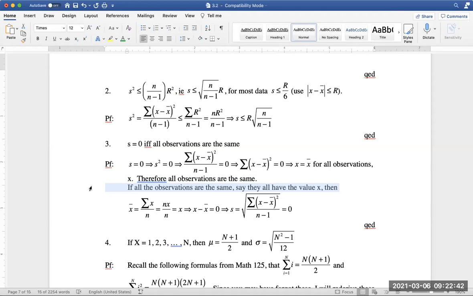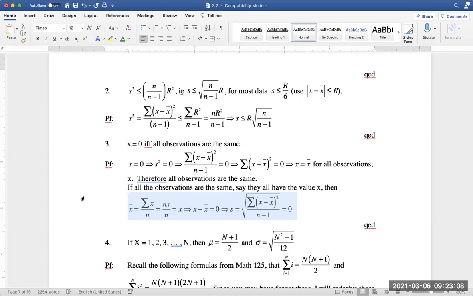So the sample mean is the sum of all these data values, in this case all equal to x, divided by n. But since x is a constant, I'm adding a whole bunch of constants, so it's just equal to n times x. The n's cancel. So I get that x is equal to x bar.